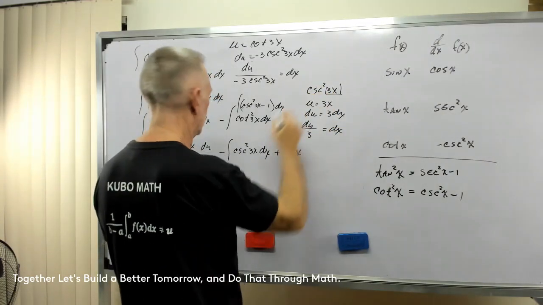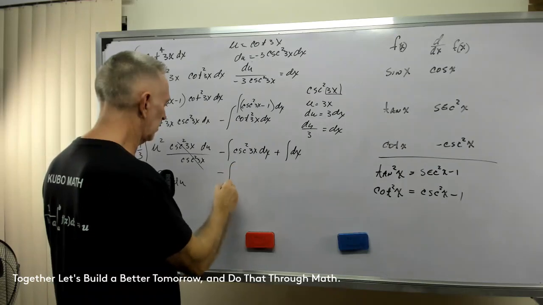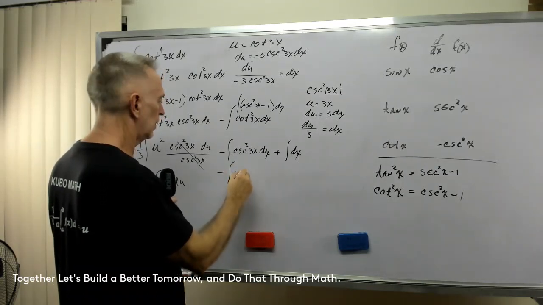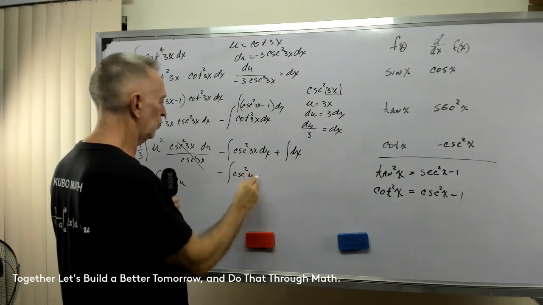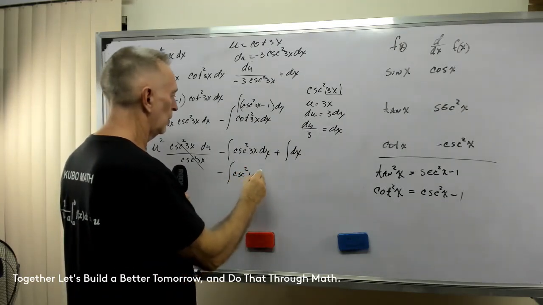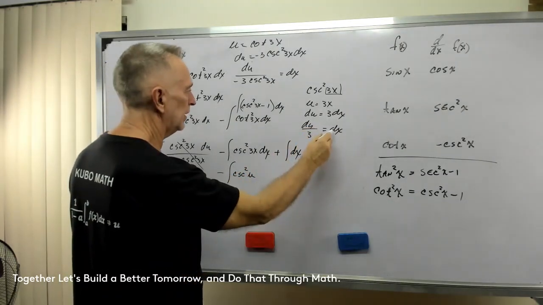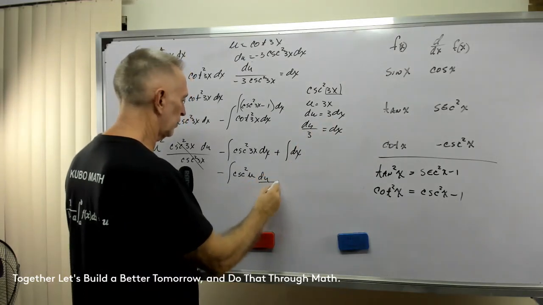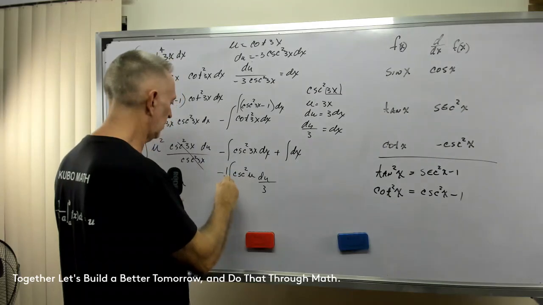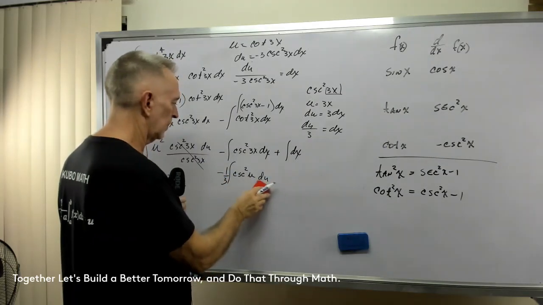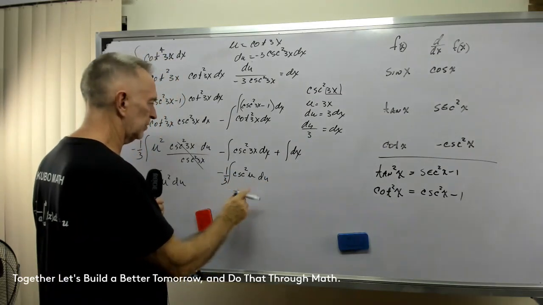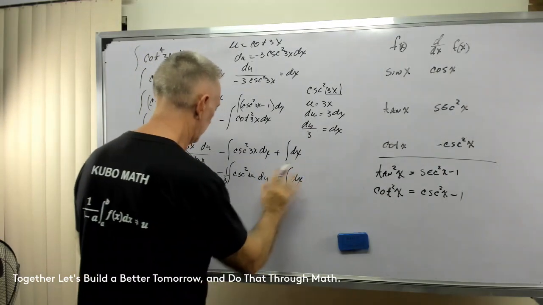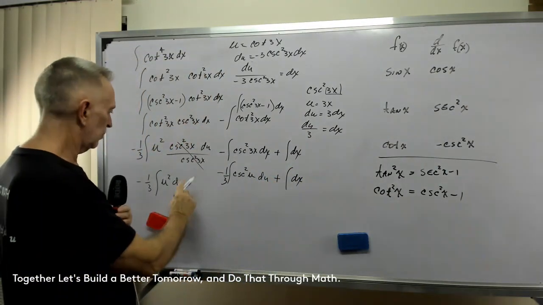So I have minus the integral of cosecant squared u, and du then was, so du over 3, so I'll put that 1/3 out here. All right, so that's that integral, plus the integral of dx.